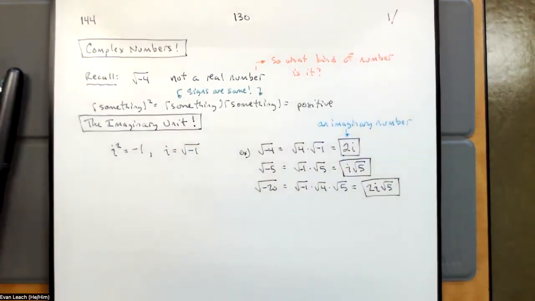The main reason is we don't want it to look like the i is sitting under the radical, so we write it out in front and avoid that mess. So write the i after any whole number, but before the radical.